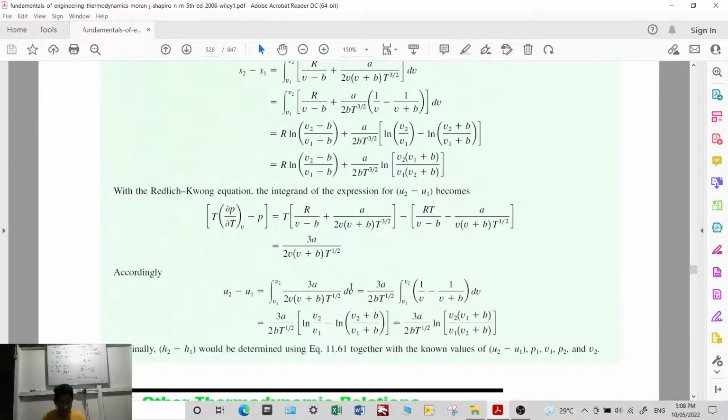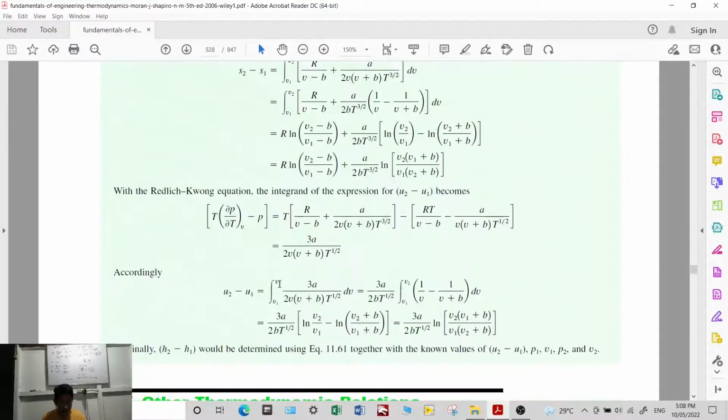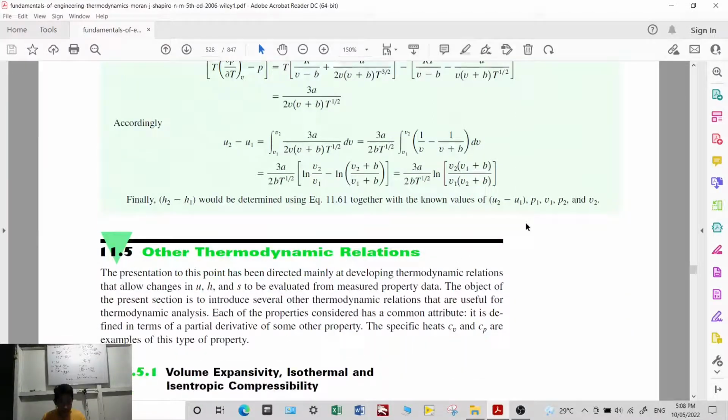And for the internal energy, the change in internal energy, again we use this one. Internal energy is equal to this, which was derived and arrives at this expression.